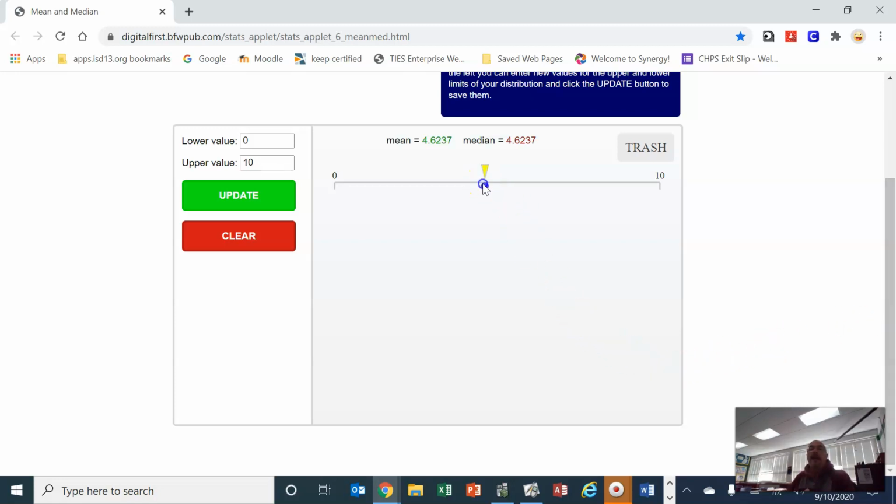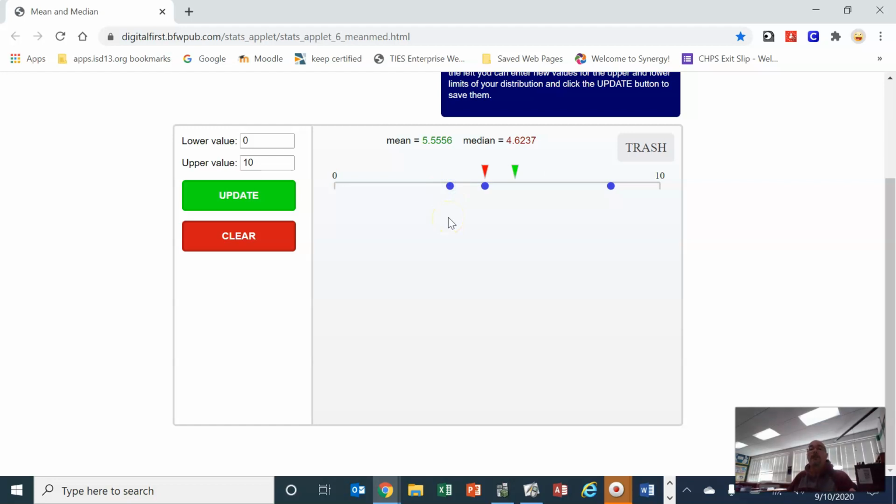If I put a dot on there, if I have one data point, obviously the mean and the median are exactly the same. If there are only 2 data points, the mean and the median are exactly the same. Now I'm going to put a third point up there as soon as I can get it to click on there. Come on, there we go.